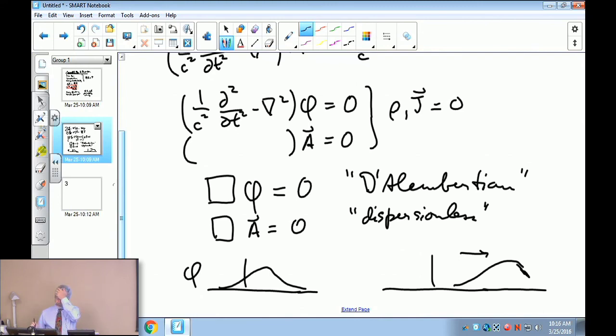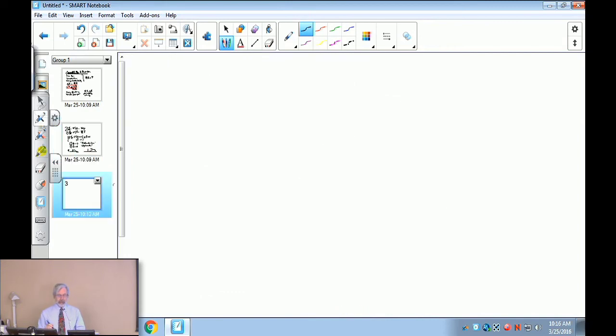Okay, now this dispersionless wave equation is kind of like the simple harmonic oscillator of waves, in the sense that when we took a mass on a spring and considered that motion, we saw that there was simple harmonic motion. It was very simple behavior. It was periodic motion, and we said that this kind of behavior is going to be seen lots of places.